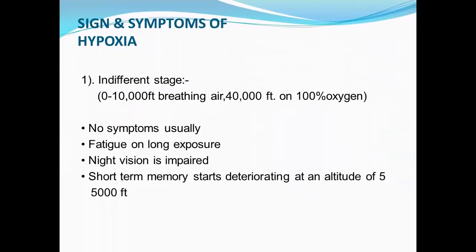The first one, the indifferent stage, occurs generally at around 10,000 feet. Generally, there are no symptoms. Fatigue occurs on long exposure at this height. Night vision only is impaired, and short-term memory starts deteriorating.